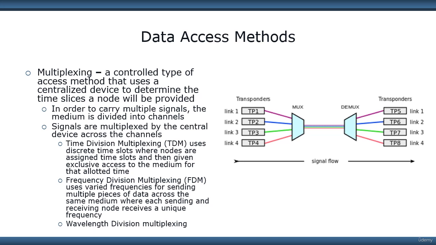And wavelength division multiplexing is sort of a more modern style of that frequency, or FDM. So those are just acronyms that you want to know, and understand the concept of multiplexing, simply allowing multiple nodes to use a single line of cable using one of these methods.